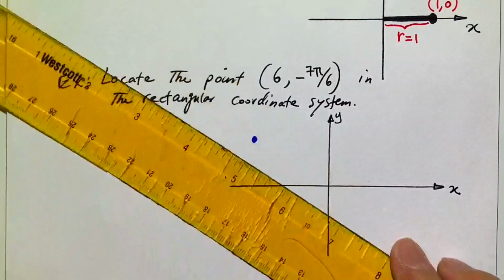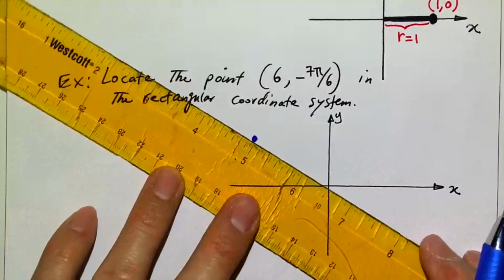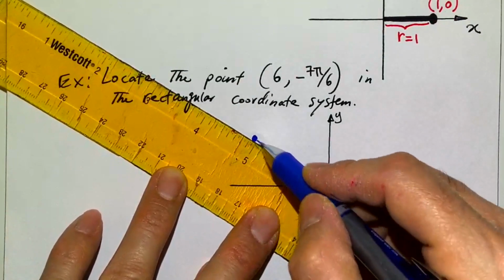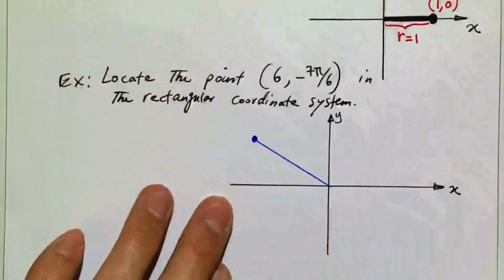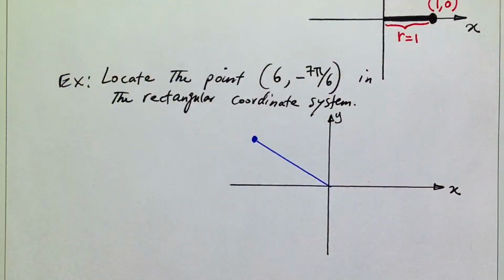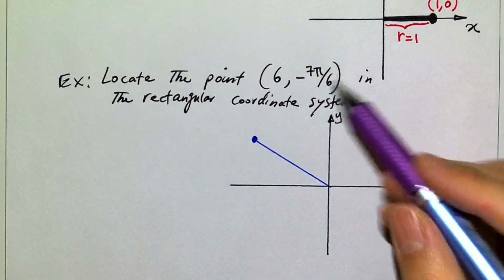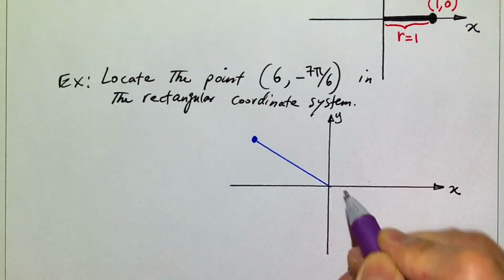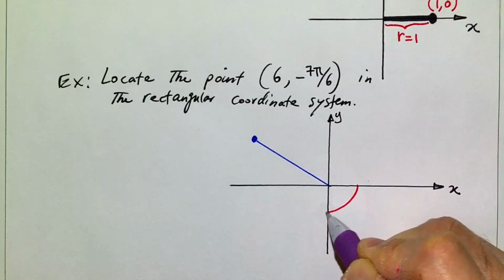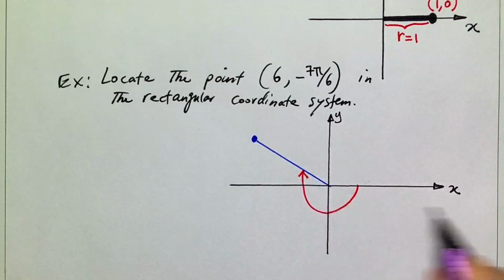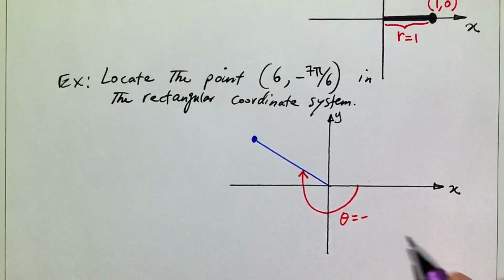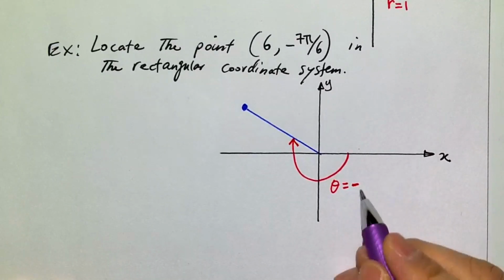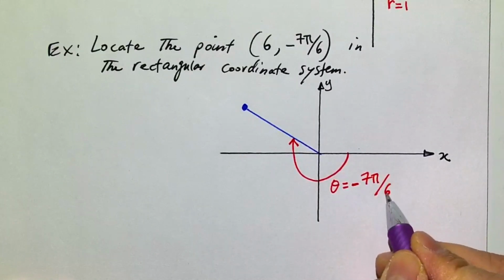And let's draw a line from the pole or the origin to that point, like that. So that angle, negative 7 pi over 6, would be this angle from the positive side of the x-axis to that. Like this.